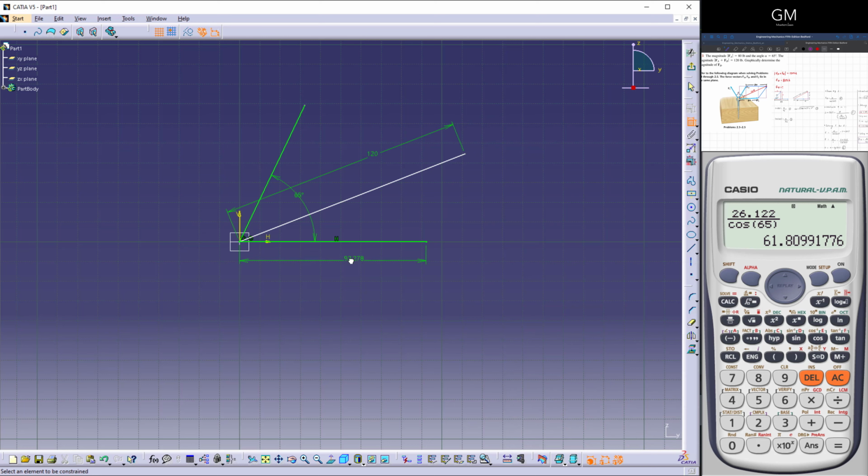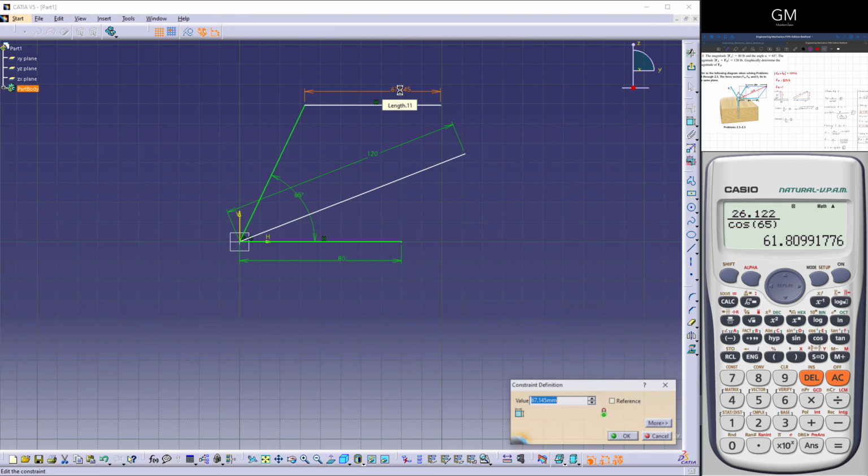This is equal to 80. And the thing is, how am I going to know the length of this? Okay, I'm going to project the lines that I already have. So this is equal to 80.